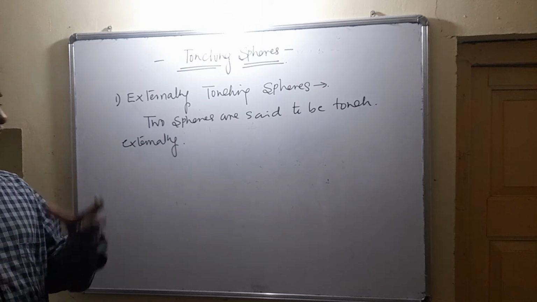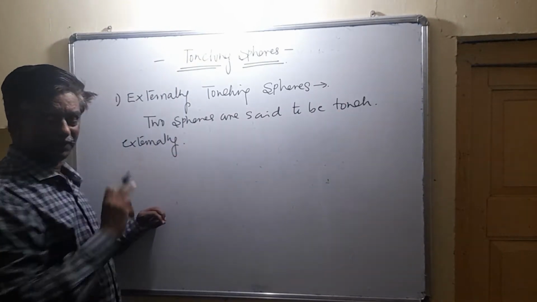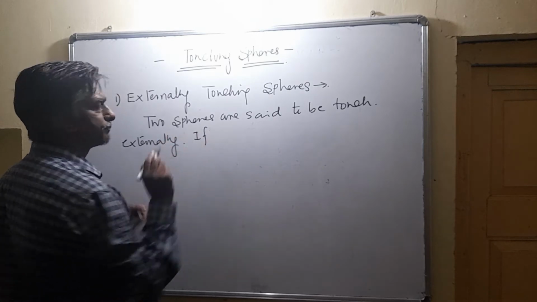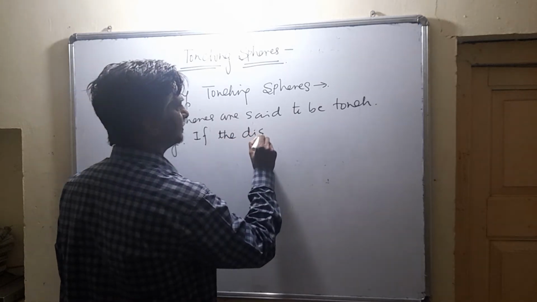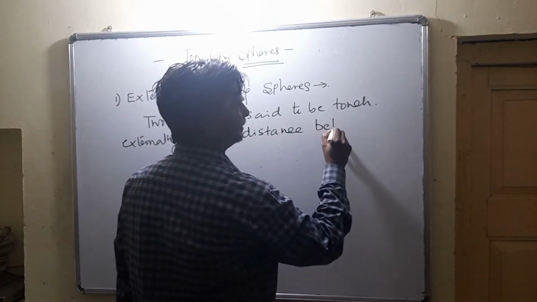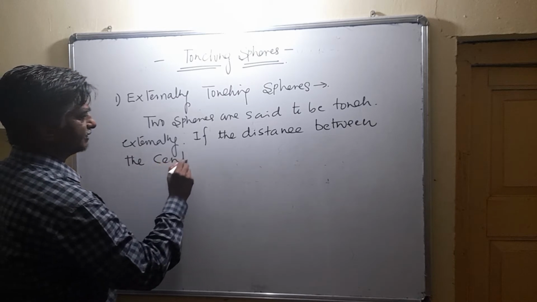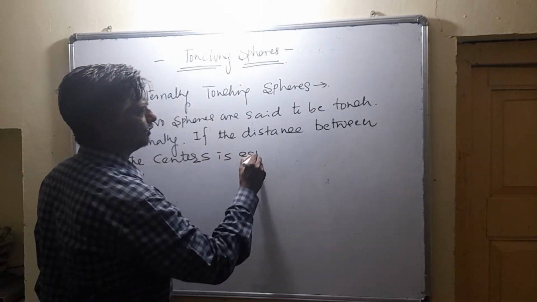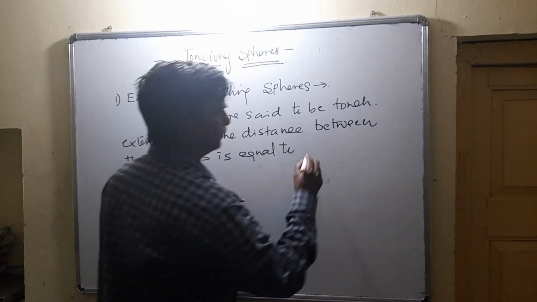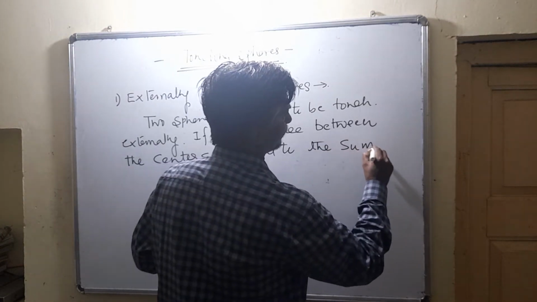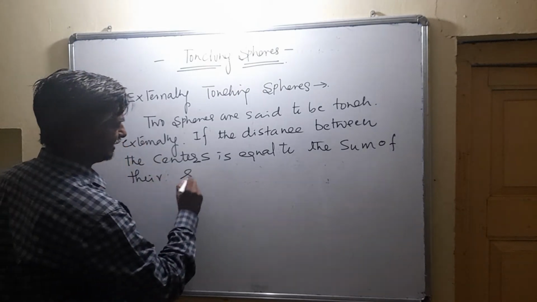Two spheres are said to touch externally if the distance between the centers is equal to the sum of their radii.